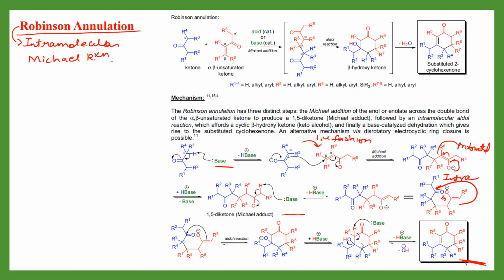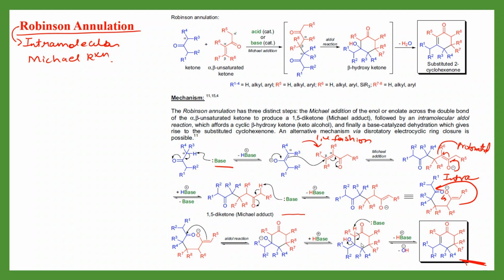So let me revise, or let me again repeat this for you. So basically, a Robinson annulation is nothing but your Michael addition. But here, in Robinson annulation, the reacting partners are: one partner, or Michael donor, is your ketone, and the Michael acceptor is your alpha beta unsaturated ketone. In the presence of acid or base, different mechanisms are possible.